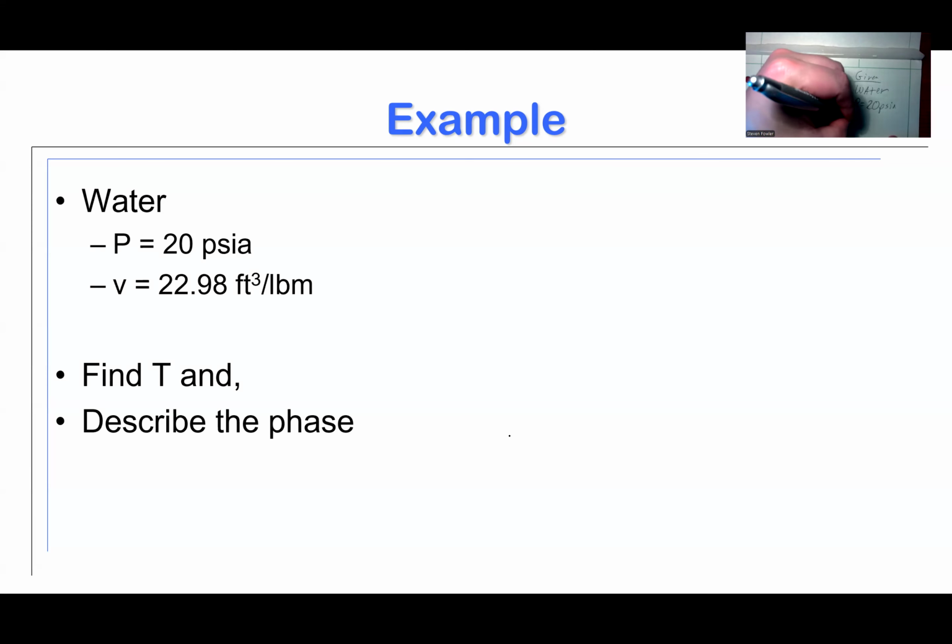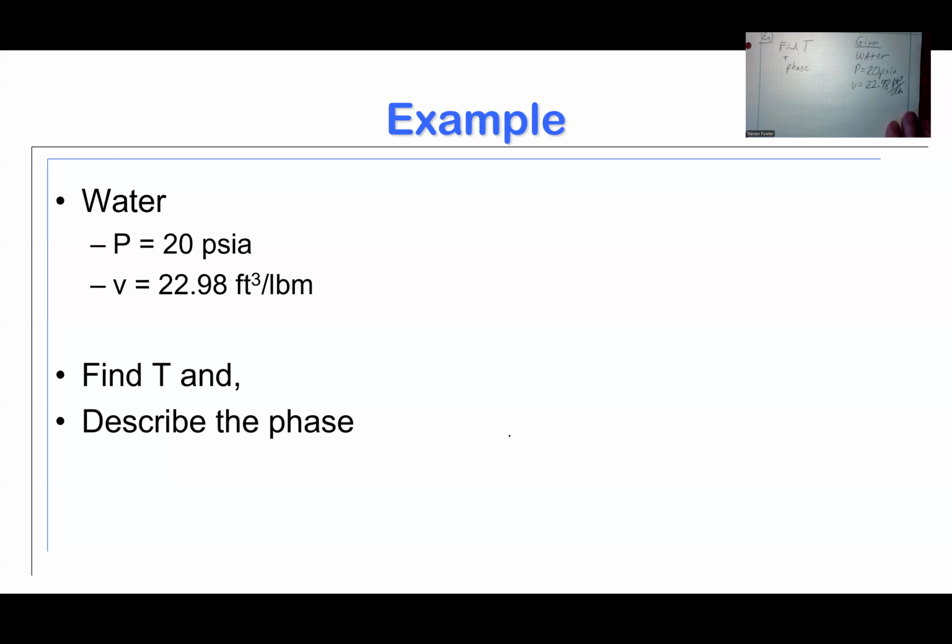And then I've got a specific volume of 22.98 cubic feet per pound mass. And I, once again, want to find the temperature and the phase. I want to be able to describe the phase.